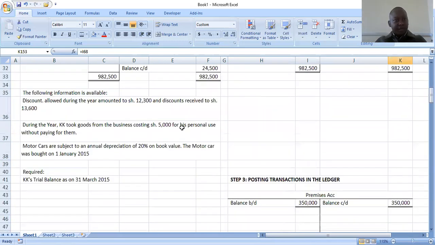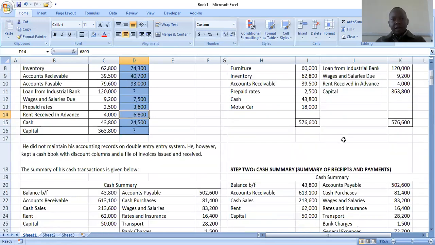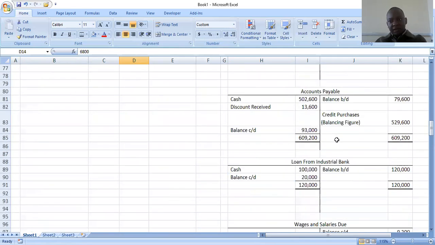The other balance is for rent received in advance. Rent received in advance is an income in advance, and incomes in advance should be treated as current liabilities. And current liabilities always have a credit balance, so this 6,800 should be a credit balance in the rent received in advance. So you have rent received in advance. Where is it?